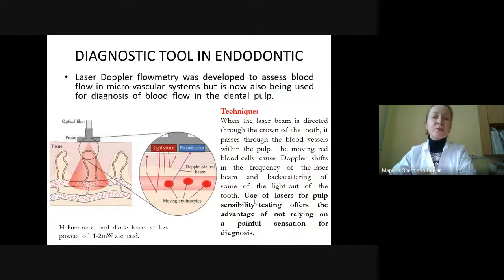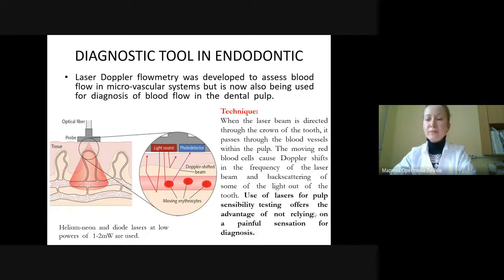And a diagnostic tool in endodontics, laser Doppler flowmetry. It was developed to assess blood flow in microvascular systems, but is now also being used for diagnosis of blood flow in the dental pulp. For this procedure, helium neon and diode lasers are used at low powers of 1-2 milliwatts. And the technique is as follows.